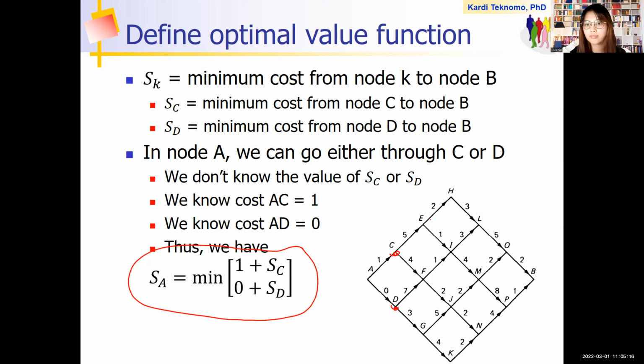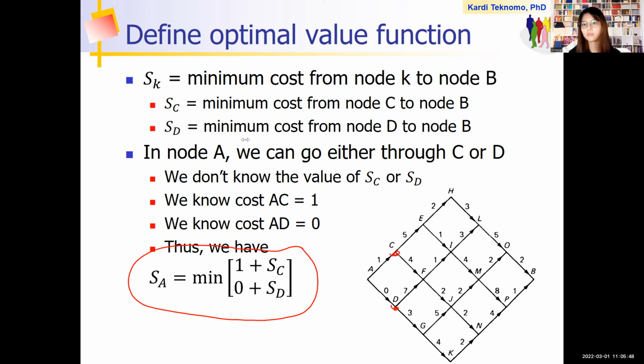Okay, this is based on the principle of optimality. What does it say? It says that if I want to get from any node to my goal node, and I already know that C to B is already optimal, from any intermediate node C, with the goal node B, then I know that from C to B is already optimal.